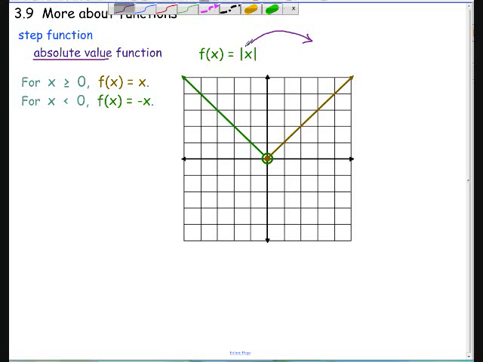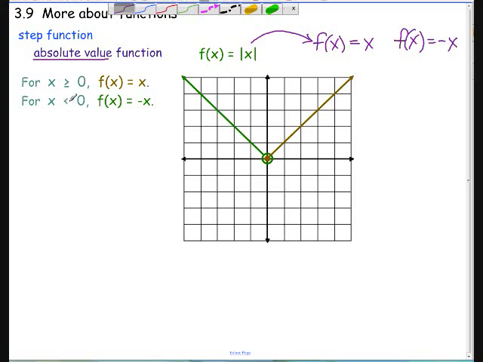If we wanted to get rid of absolute value brackets, we had to separate it out into two parts, one which was the positive part, and the other which was the negative part. And we always made negative everything that was between the brackets. That's basically a step function.